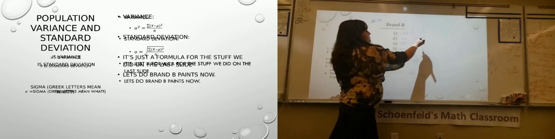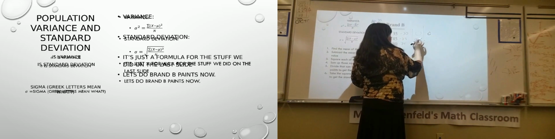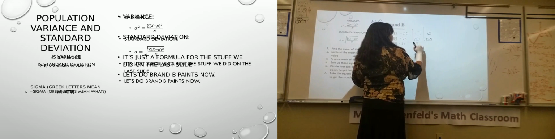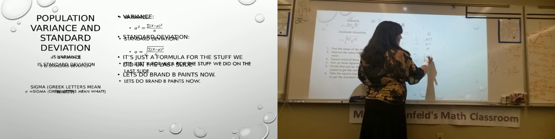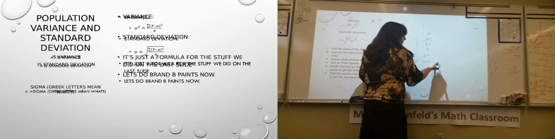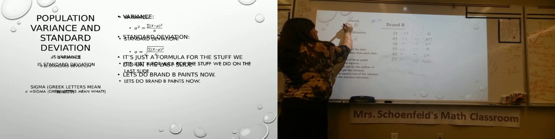So we're squaring those numbers. 0 squared is 0. 10 squared is 100. 5 squared is 25. 0, 25, 100. Now we're summing those up. That's what this E dude means.